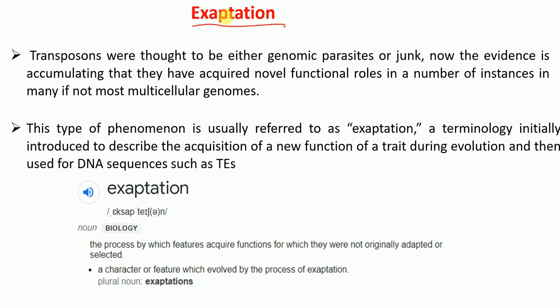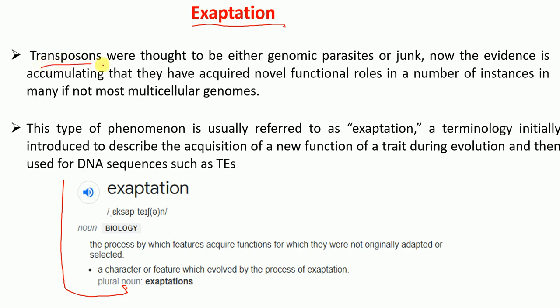Now moving to another term, exaptation. You might have heard of adaptation. The Google definition of exaptation is the process by which features acquire functions for which they were not originally adapted or selected. So what do transposons do?